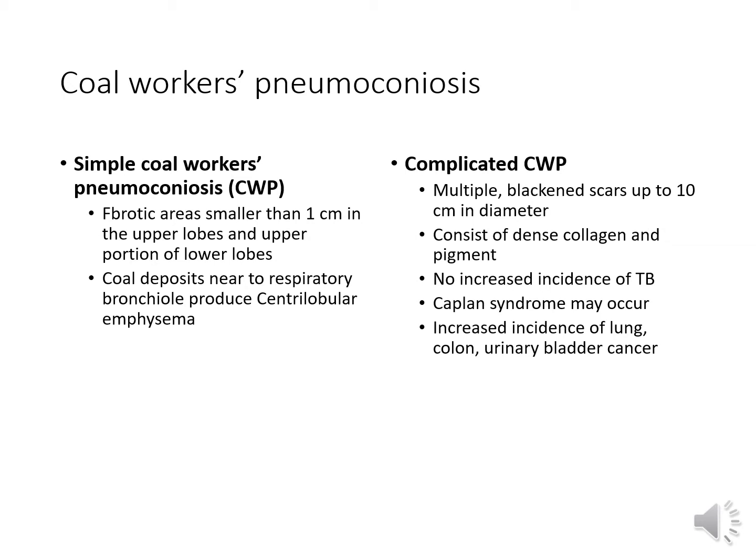Complicated coal workers pneumoconiosis, on the other hand, has multiple blackened scars up to 10 centimeters in diameter, and they have fibrous tissue which is composed of collagen and pigment. Caplan syndrome may occur, and there is increased incidence of lung, colon, and urinary bladder cancer in these cases.